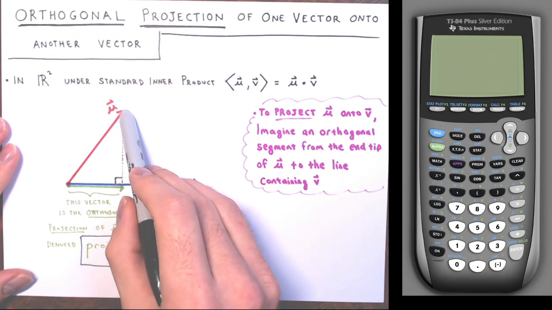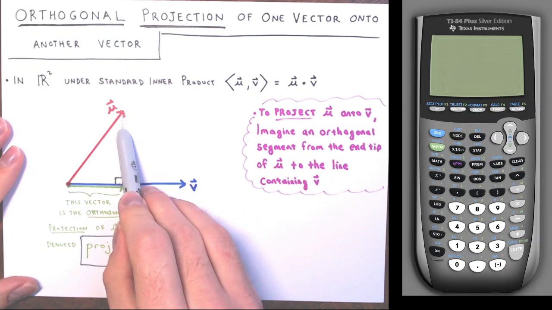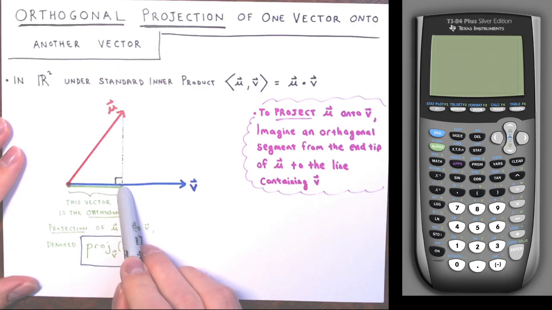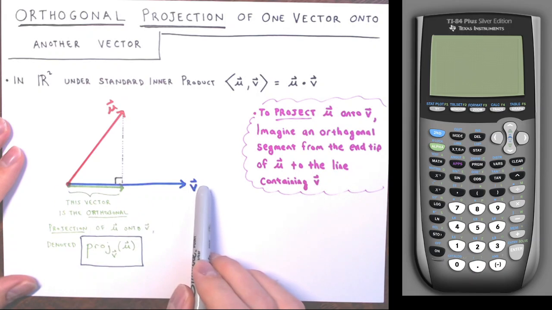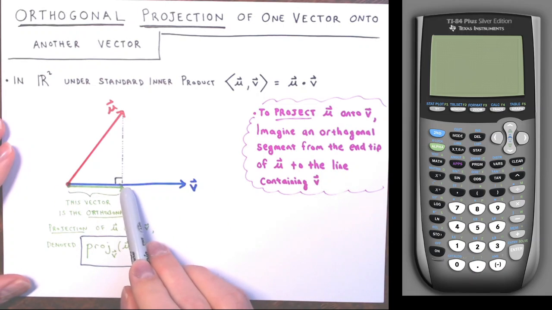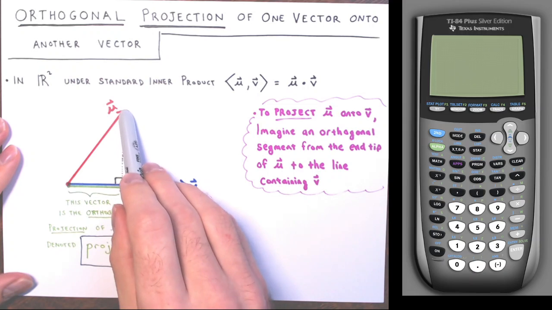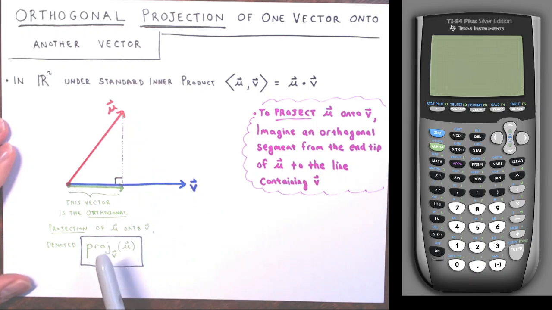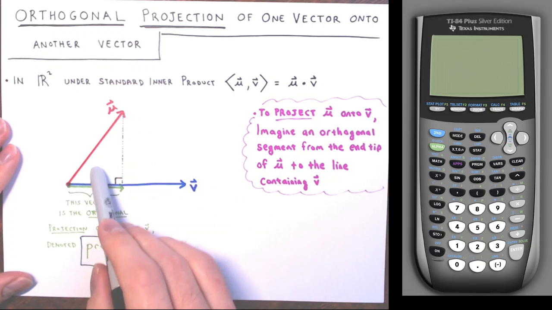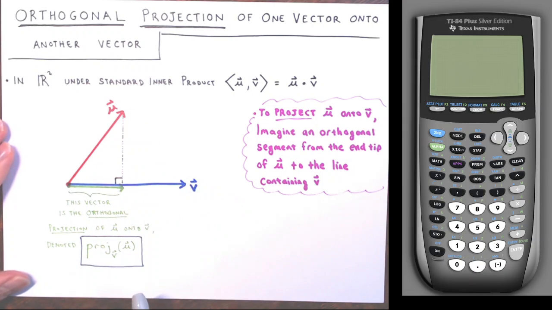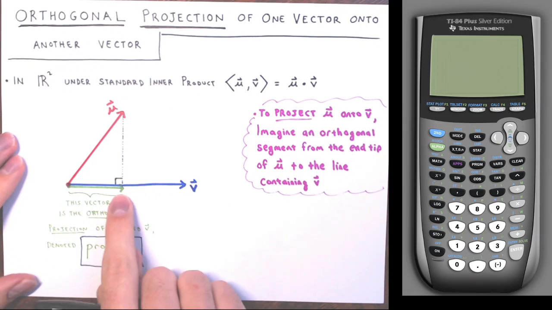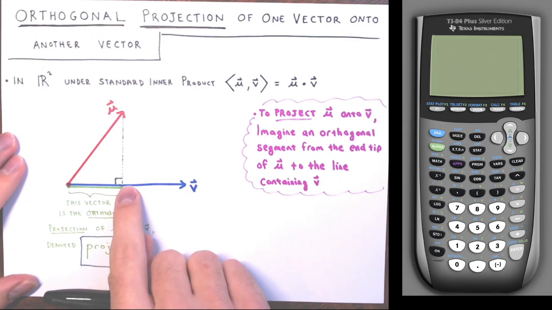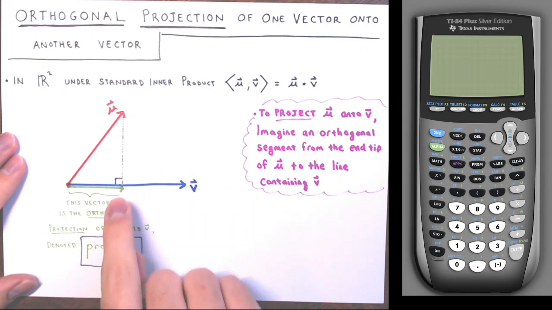So from the end tip of u, I drew a little segment that's orthogonal to the line containing v, or in this case vector v itself. This is the shortest distance from the tip of u to the line with v. If you traveled any other distance, it would be a longer distance. So the orthogonal projection gives us the vector whose end is the shortest distance from the end of vector u.